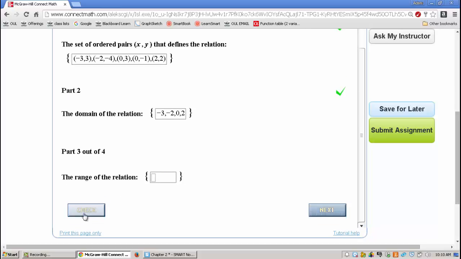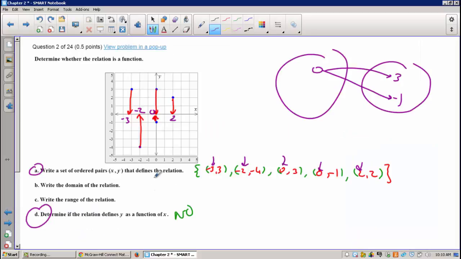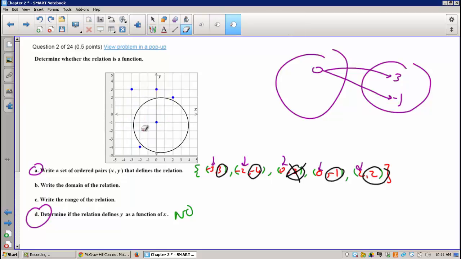Now we're going to get the range. Guess how I'm going to find the range? There are two options again. You either count the values in the y coordinate: 3, negative 4, don't repeat 3 because you already counted 3 once, negative 1 and 2. There are 4 different y values. Or how do you do it graphically on the graph?